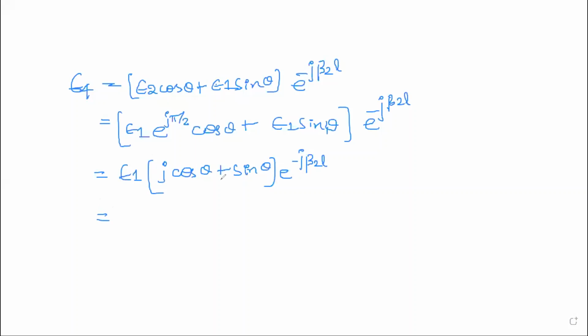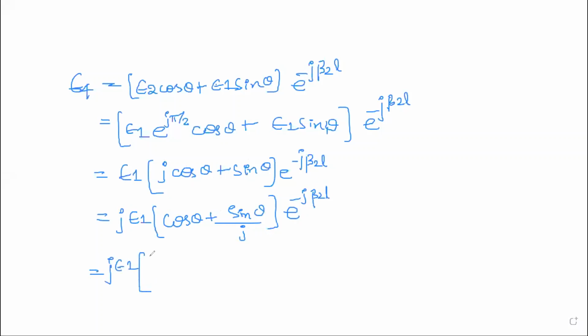Now I want a certain modification in this equation because I cannot apply the formula of cos theta plus j sin theta directly. I will take this j outside. So you will have the equation as j E1 times cos theta plus sin theta divided by j, e to the power minus j beta 2L.